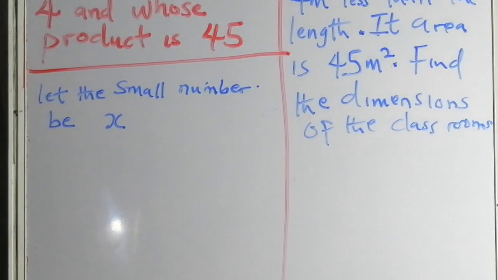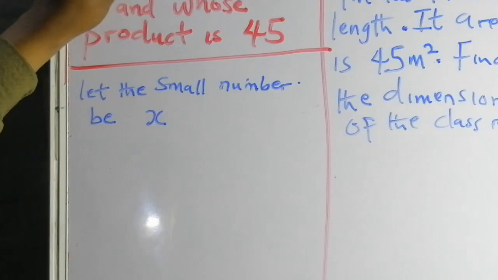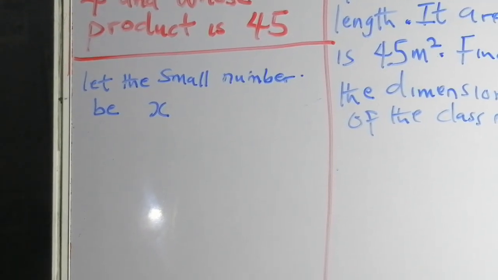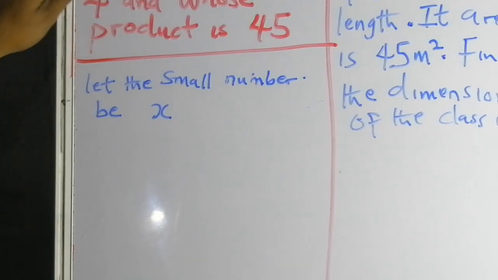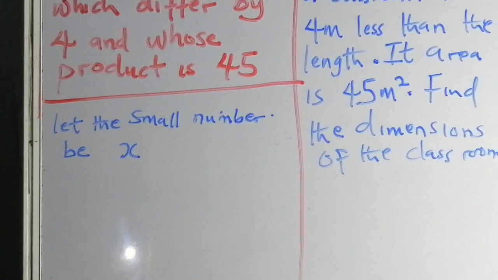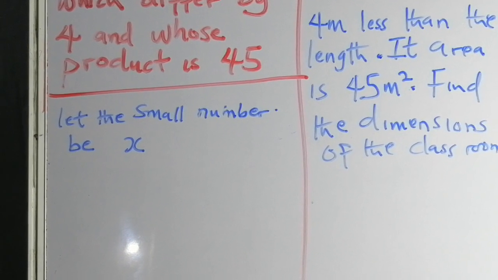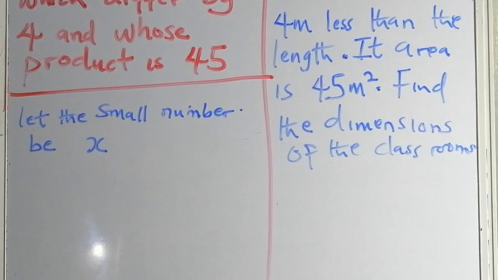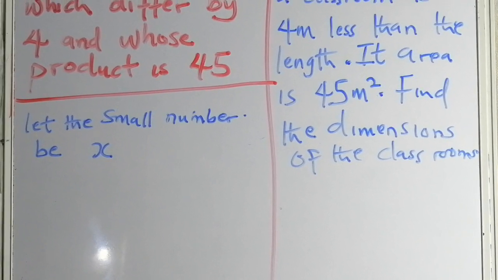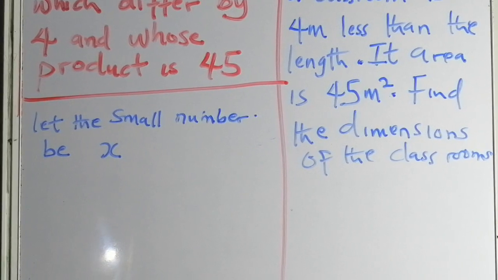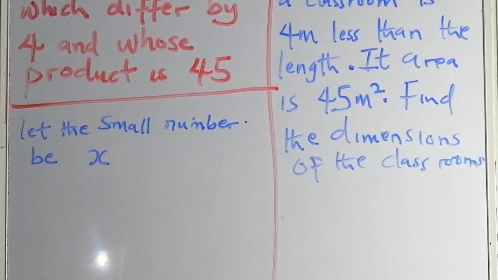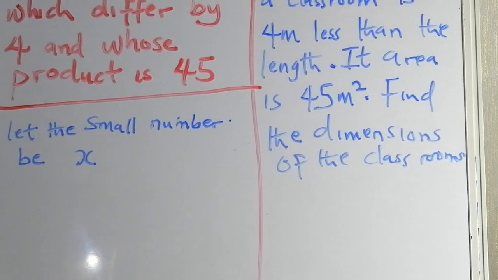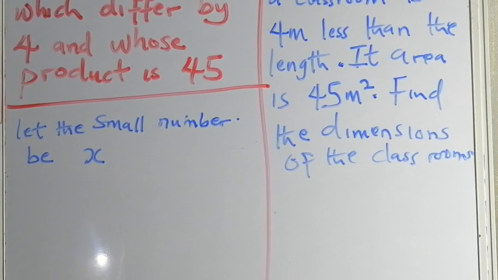Now look at the English. Find two numbers, so it means we're dealing with two numbers. They now say which differ by 4. What is the meaning of differ? There is a difference of 4. If one is 2, for the other one you add 4 to it to make it 6. If one is 6, you add 4 to it to make it 10.